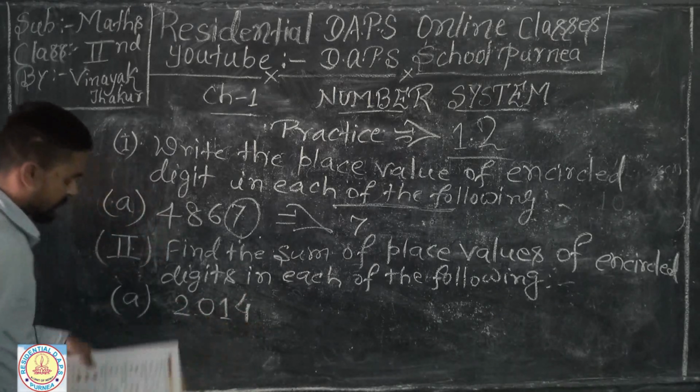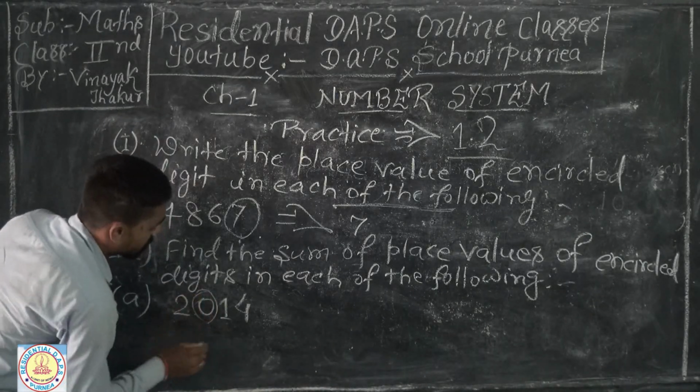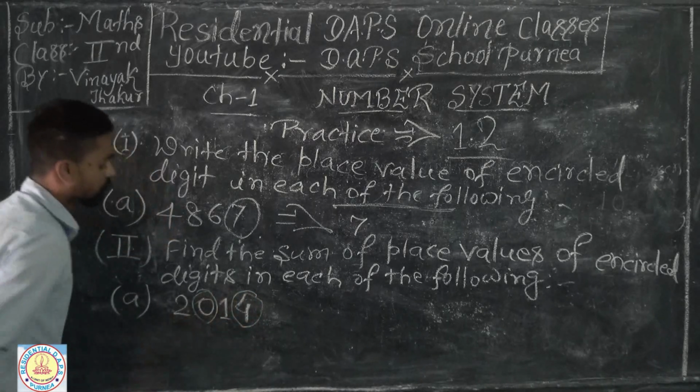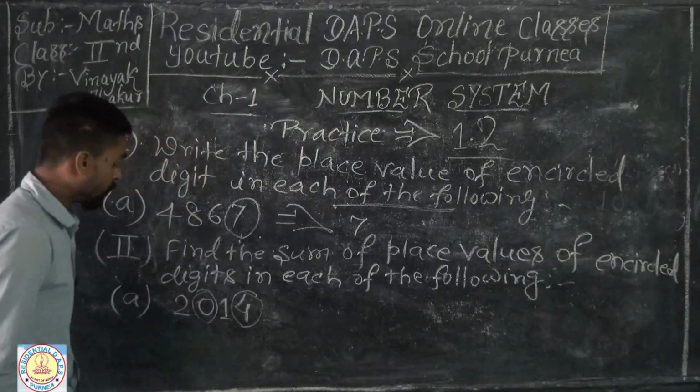2014, and in your number two digits are circled, 0 and 4, so you have to find the place value of these two numbers, 4 and 0.